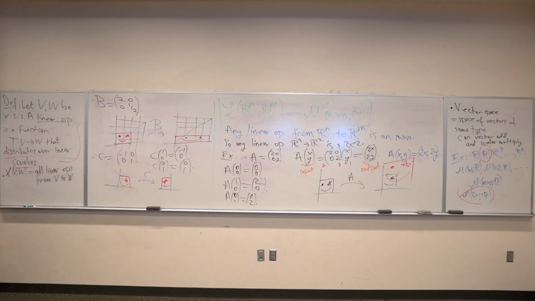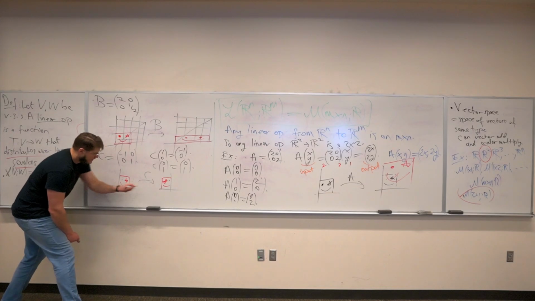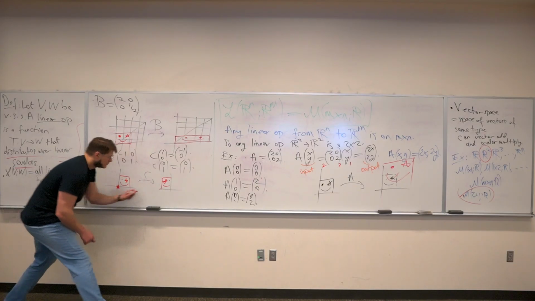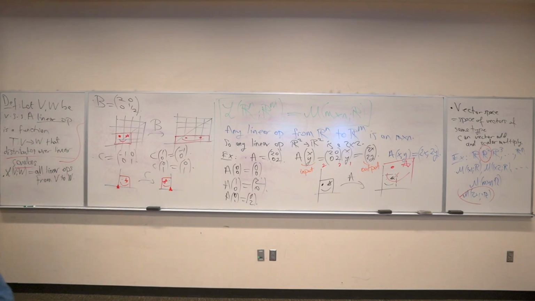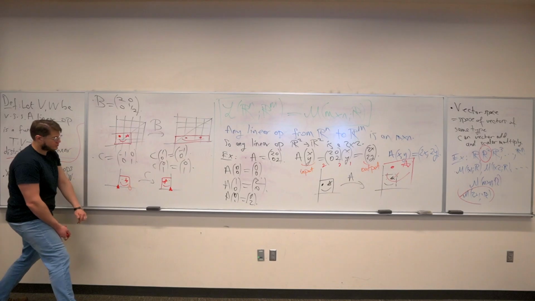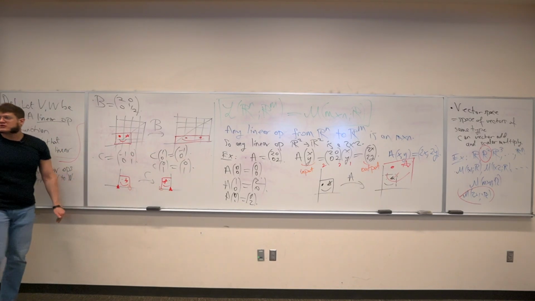So you can say, for instance, the origin is going to be fixed. So let's say this is the triangle. Triangle goes to triangle. And then you can say, this corner, which is the circle, it's 1, 0, goes to minus 1, 0, and so on.